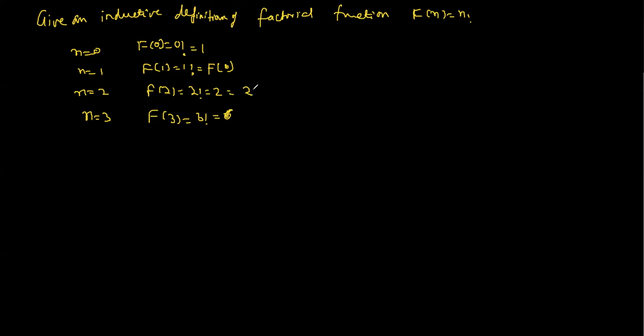Can you write here 2 into f of 1? Yes. This is what? 3 into f of 2. Right? So when you put n is equal to 4, 4 factorial. 4 factorial means 4 into f of 3.